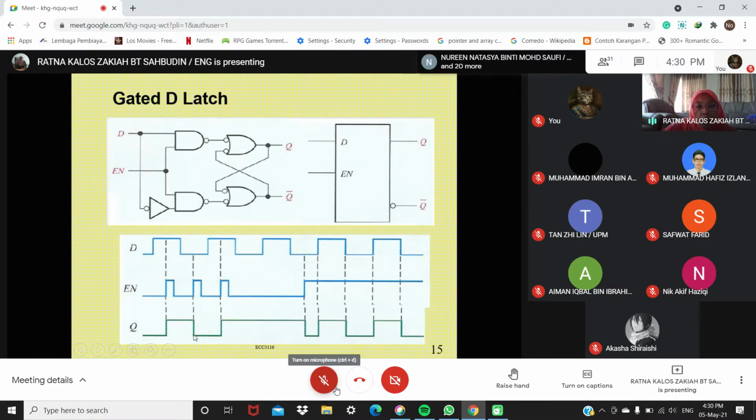This is low, so it goes down, and because this is low, no change until the next enable clock here. This is high, so it goes up. Even though here is low, no change here. This part is high, so it stays high until you see enable is high. Here enable is high, but D is low. So Q follows D low, and then it follows exactly the same format of D. You see the waveform here is the same.